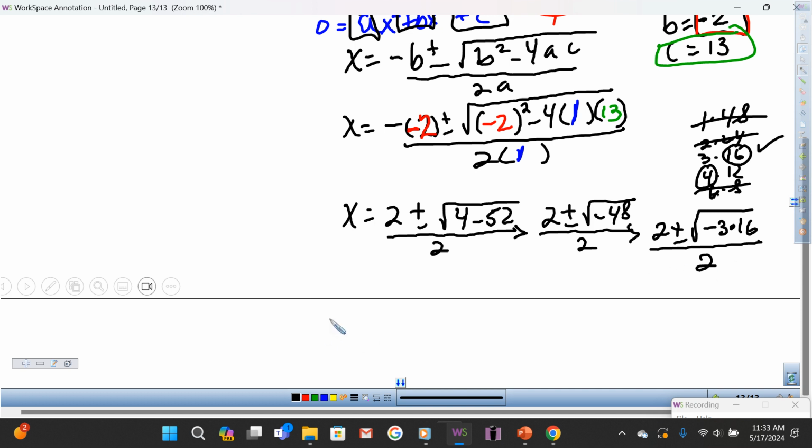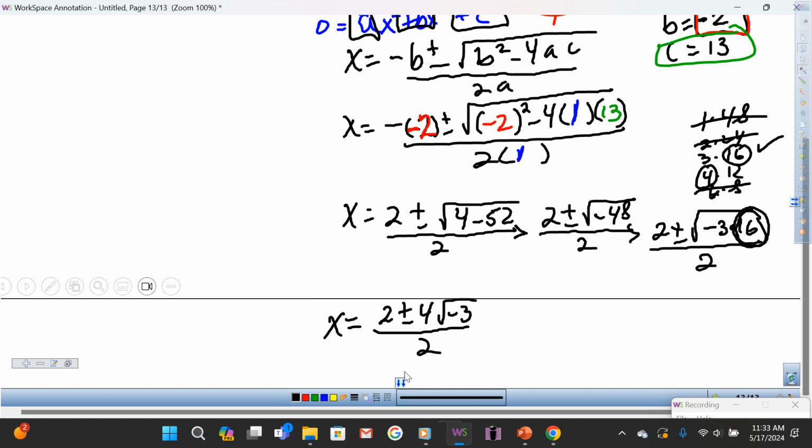I'm going to continue over here. x equals 2 plus or minus the square root. Oh, sorry. Before I forget, what is the square root of 16? 4. So that goes outside. Square root of negative 3 over 2.